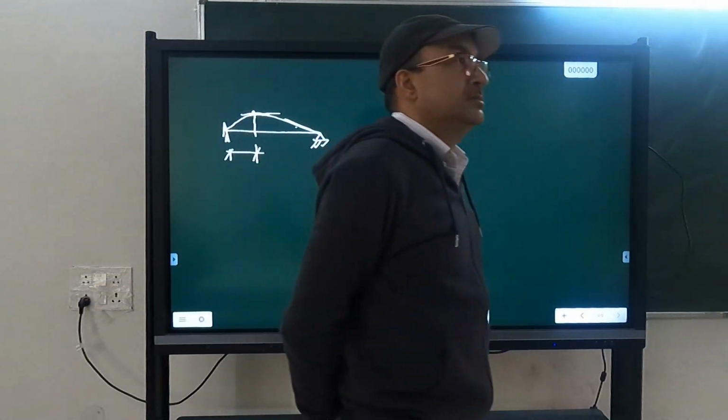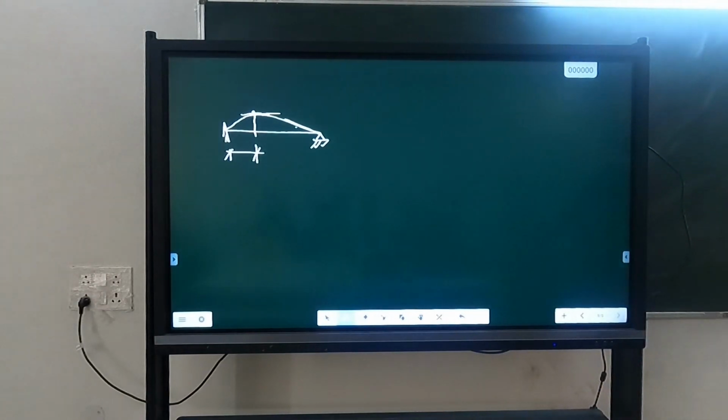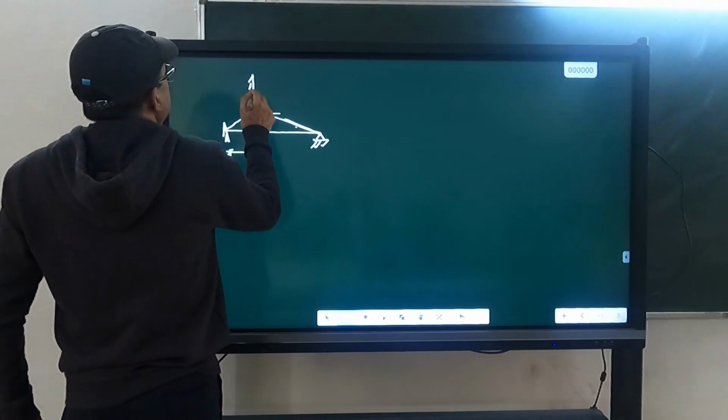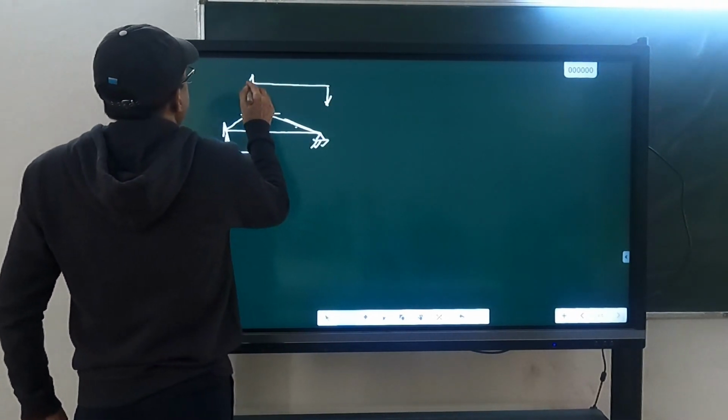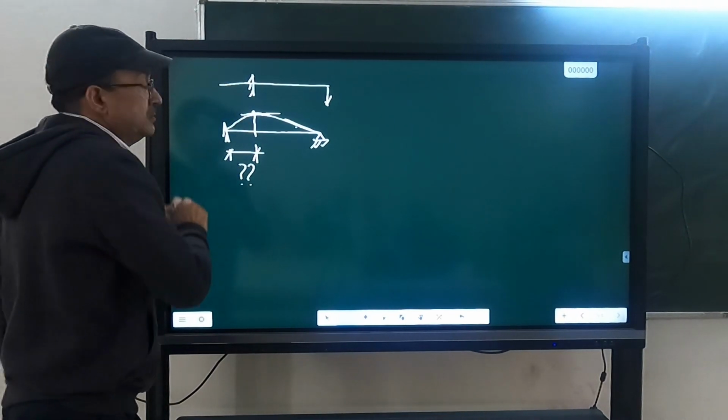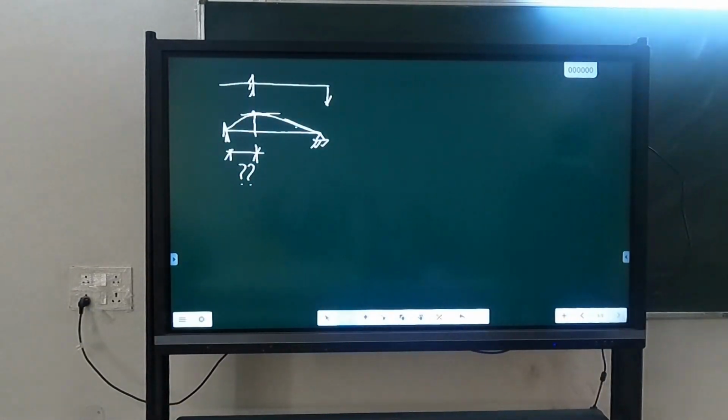This is not known. But if you can calculate this distance, then you can consider these two as cantilevers. This as a separate cantilever and this as a separate one. Then it is possible. But this distance needs to be calculated, which is not known. So that's why you can't convert these initially into two cantilevers, because you do not know where this point of maximum deflection is going to occur. If you calculate that point of maximum deflection, then you can.